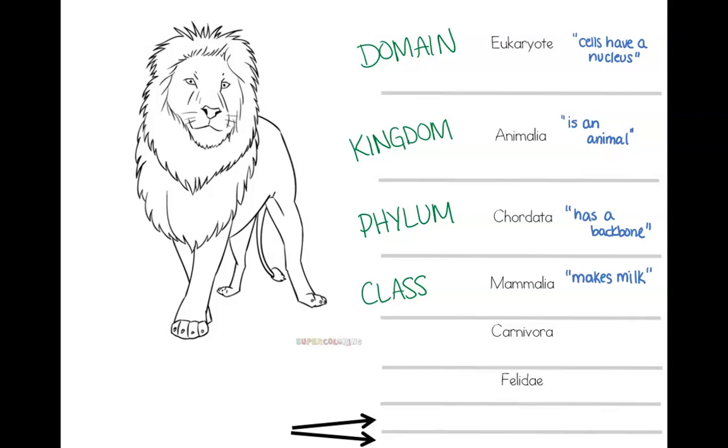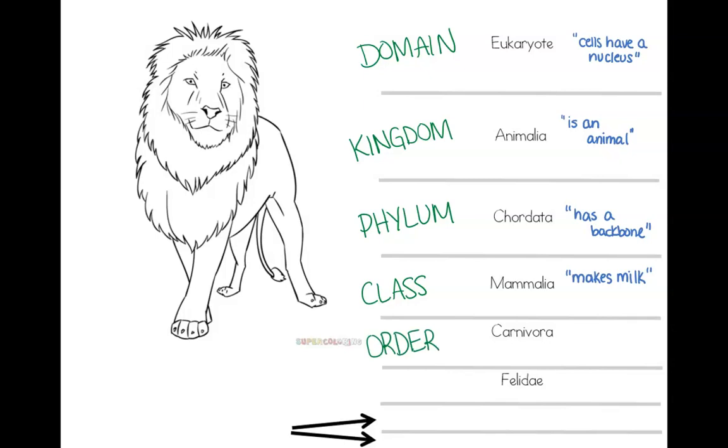Right, so as you can see, we are just getting more and more specific because there are less living things that can make milk than there are ones with a backbone, and there's less animals with a backbone than there are just animals in general. So, let's keep going.